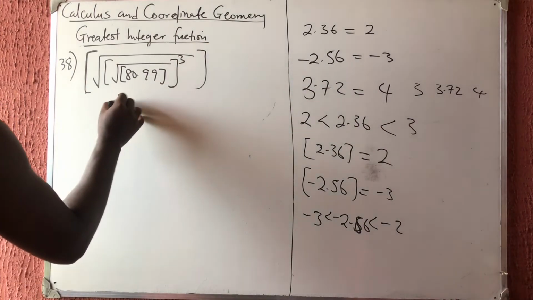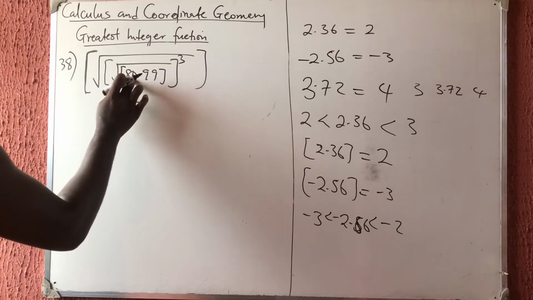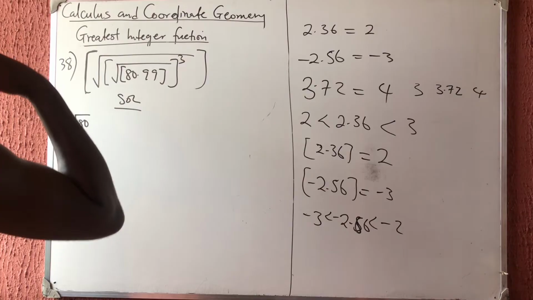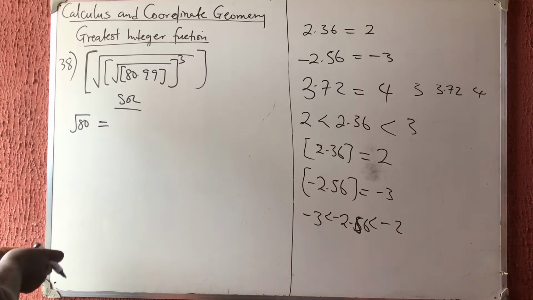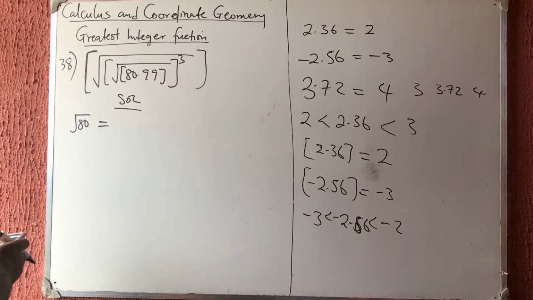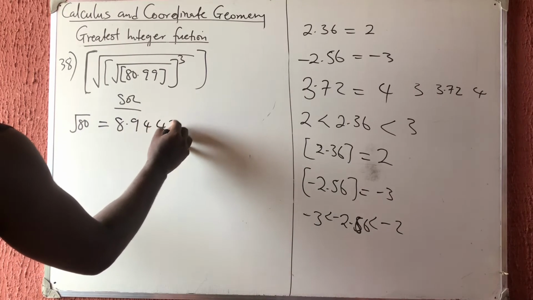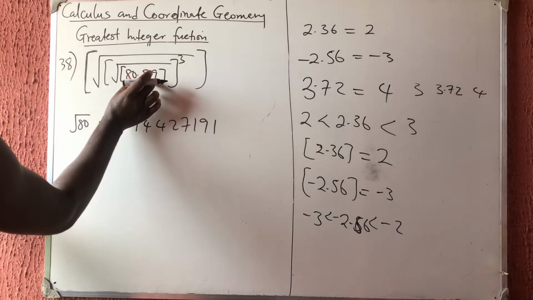Now solution. We start from the inside. The greatest integer function of this will give us 80. So first of all, the square root of 80, which we did before, is 8.944271191. I have done this part with square root.